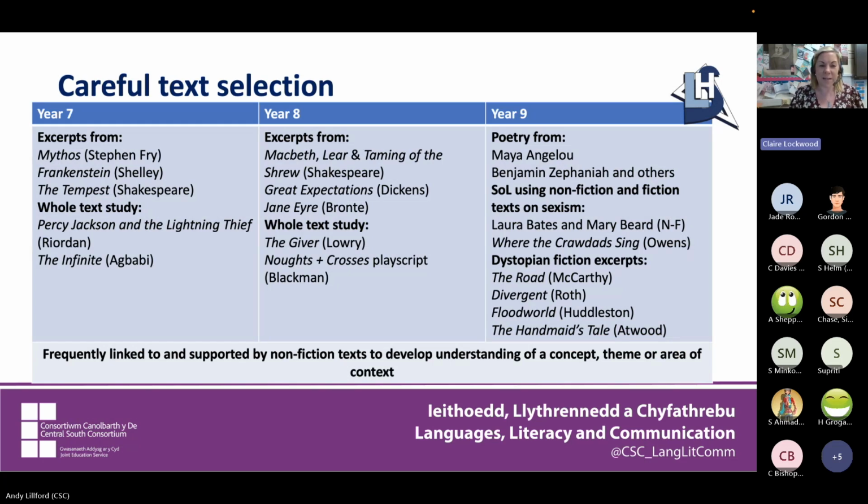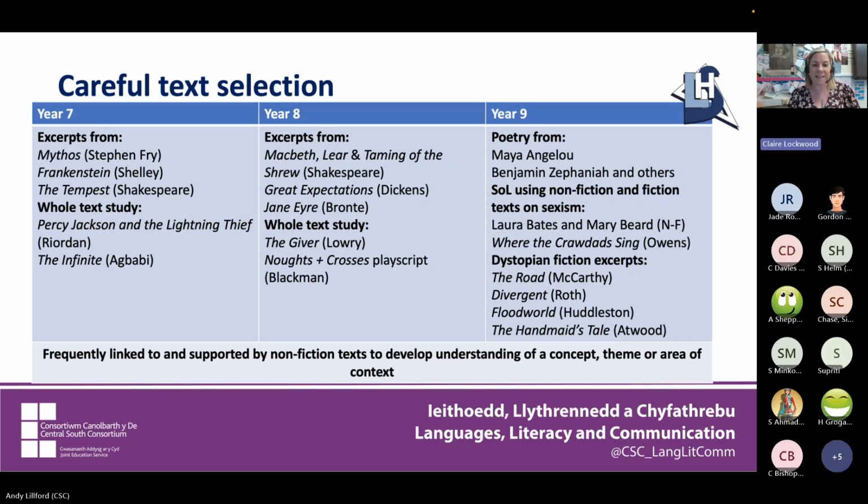So these are some of the texts that we teach across years 7, 8 and 9. Lots of them are excerpt-based, but I think you can see just by glancing through them that there is a significant variety. We focused very much on the 5 plagues of reading, which not everyone necessarily knows exactly what that means.